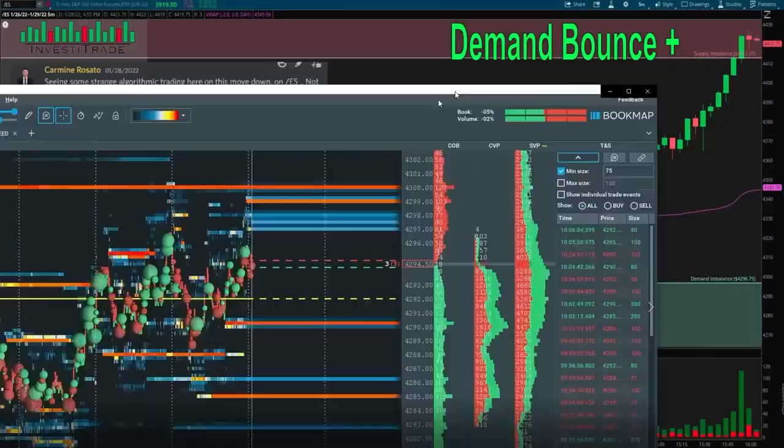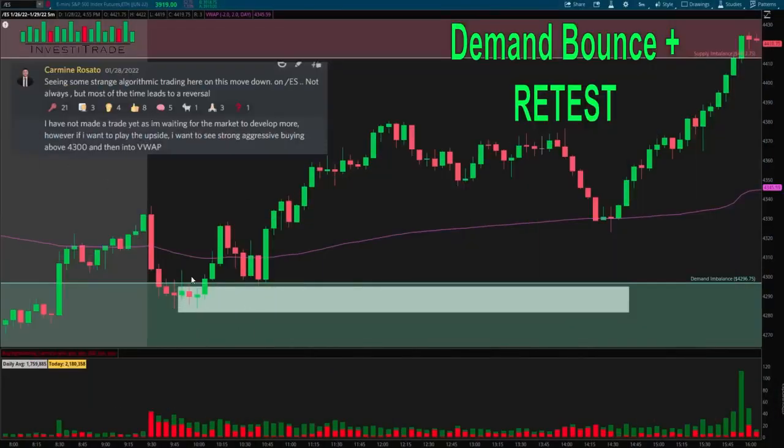What I just explained about that large buyer getting into a position, this consolidation area and those aggressive prints above 4,300 validated that this was a demand zone to the upside.